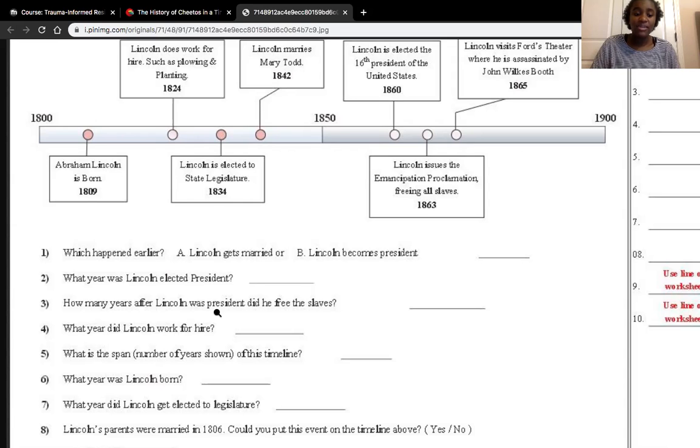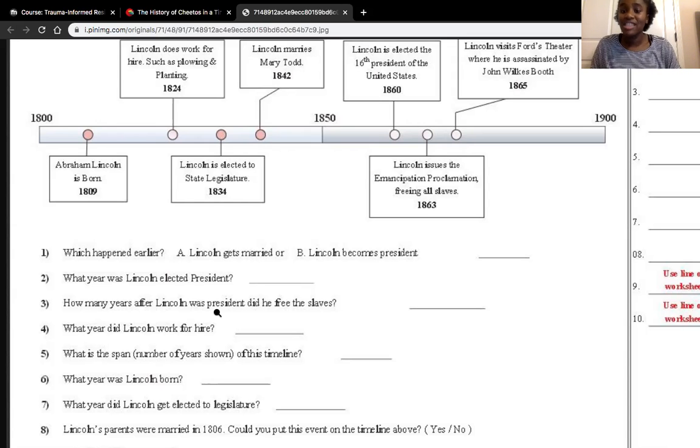Okay, so Lincoln's parents were married in 1806. 1809 is when he was born, but the beginning of the timeline starts when? 1800. So yes, correct. So we can put this on the timeline because 1800 is on the timeline. So we could put it right before Lincoln's birth.